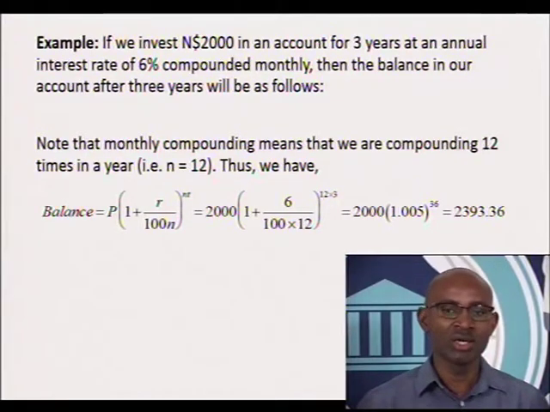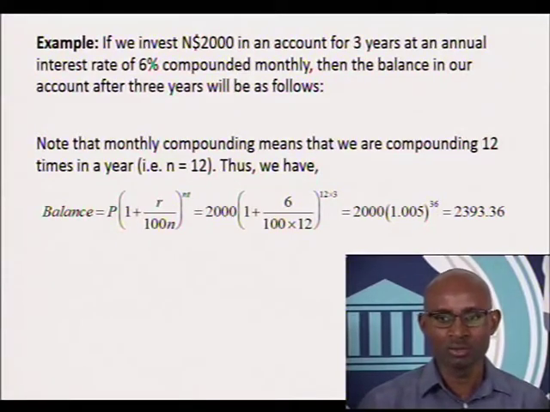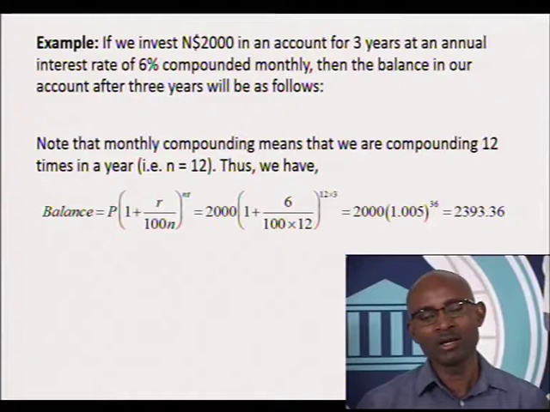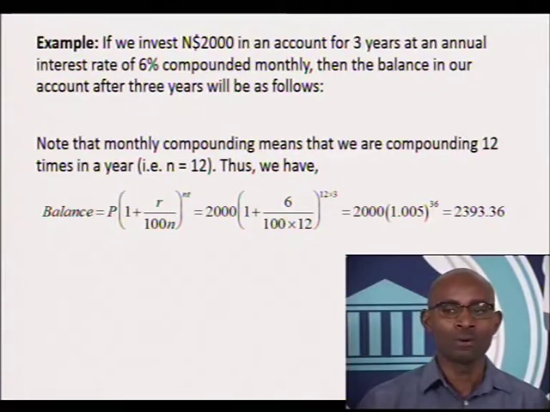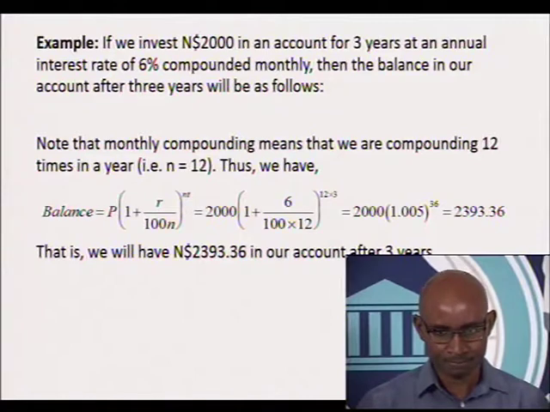So that's your TN. And in the end, what you will get is 2,393.36. Okay, so that's the amount of money that you get after 3 years.